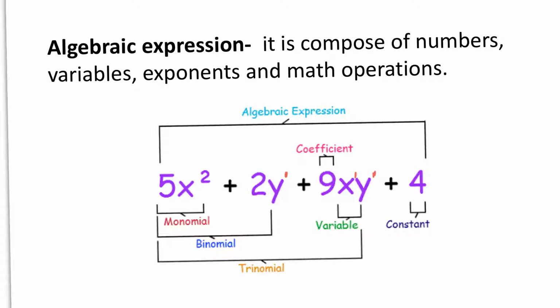If you guys have three terms, so we have 5x squared plus 2y plus 9xy, that's called a trinomial. Tri means 3. We also have four terms, quad. Quad means 4, so quadrinomial. And usually after that, 5 terms, 6 terms, we should say polynomial. And poly means many. So we do have many terms.